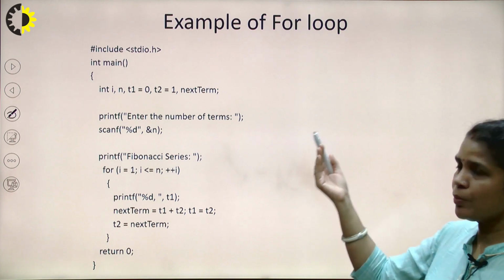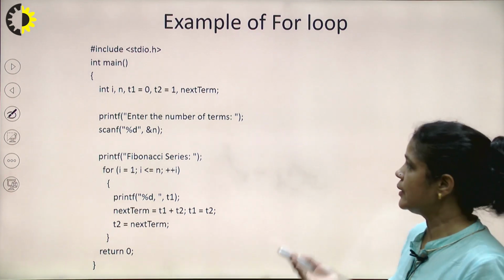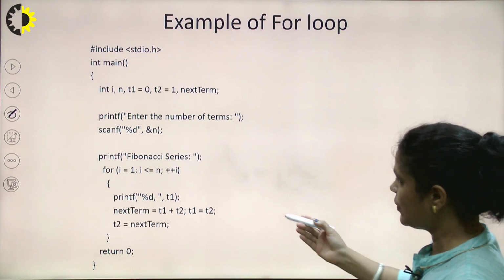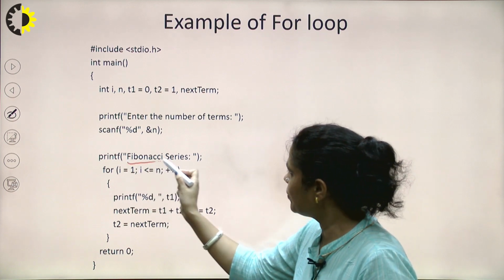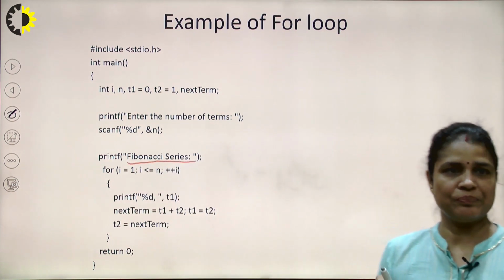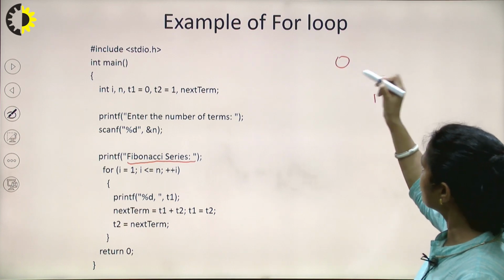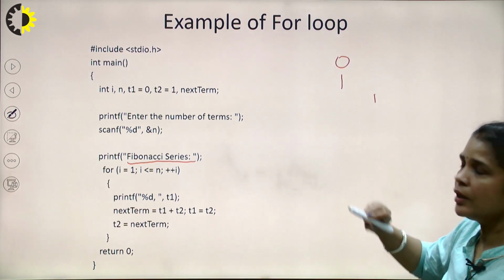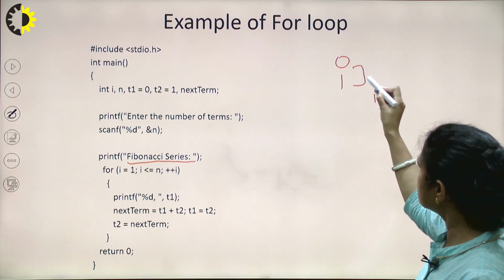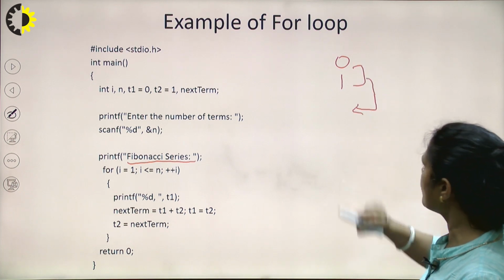Now, this is the proper example of the for loop. In this example, we need to print the Fibonacci series. Now, what is the Fibonacci series? In the Fibonacci series, the first two terms are 0 and 1, and the next term is the sum of the previous two terms.